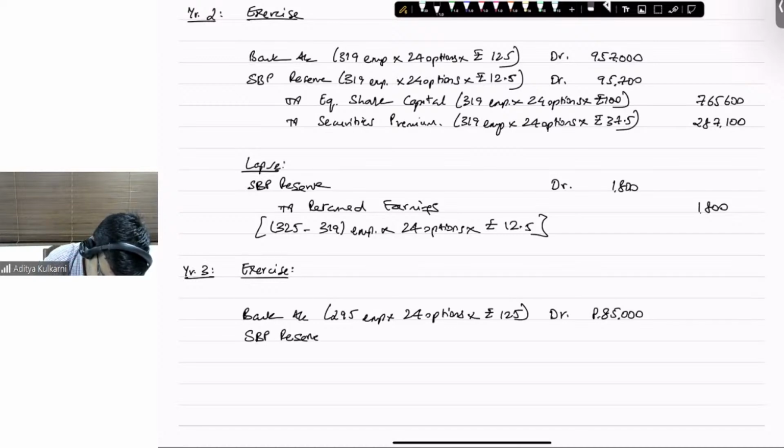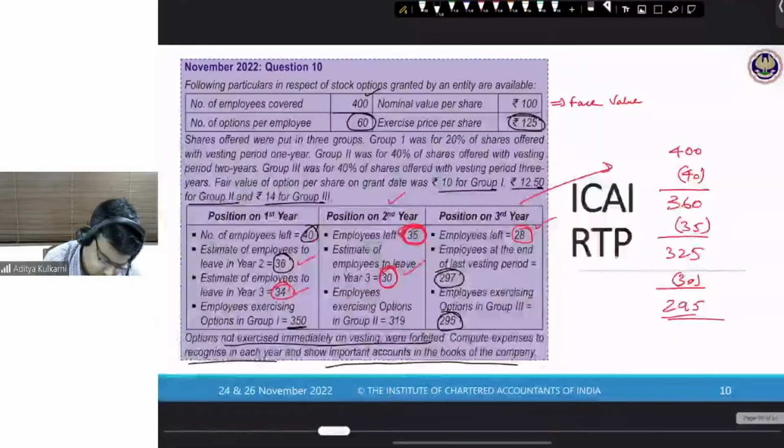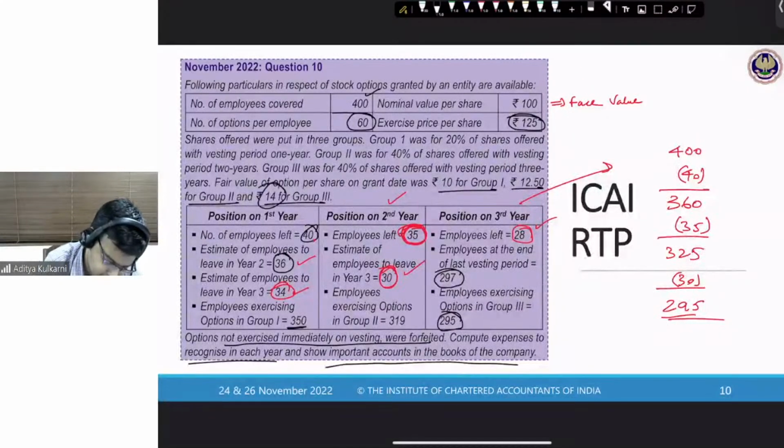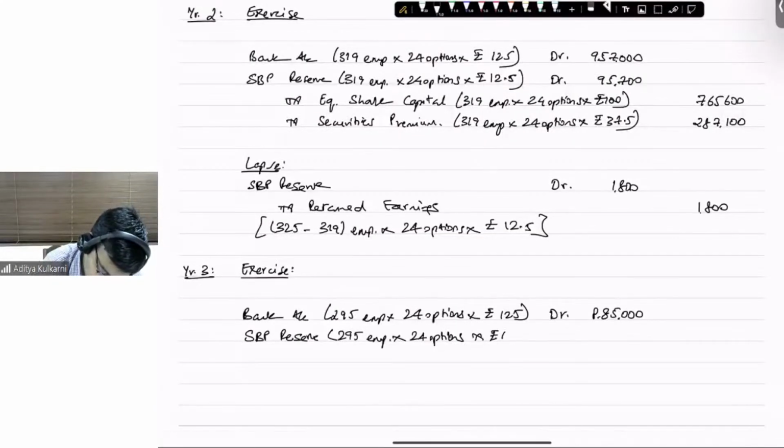Then I'm having SBP reserve: 295 employees into 24 options. What value are we recovering for their hard work? What is the fair value? 14. Debit 295 into 24 into 14: 99,120.